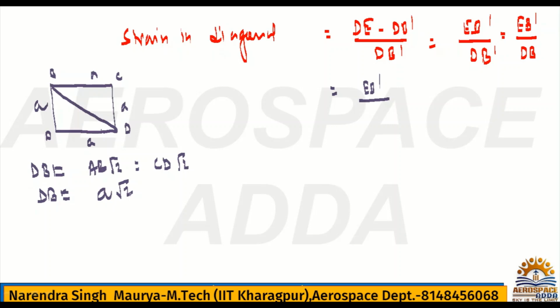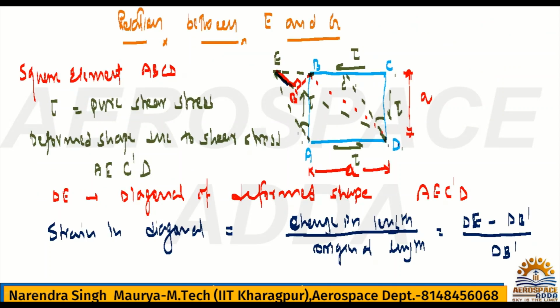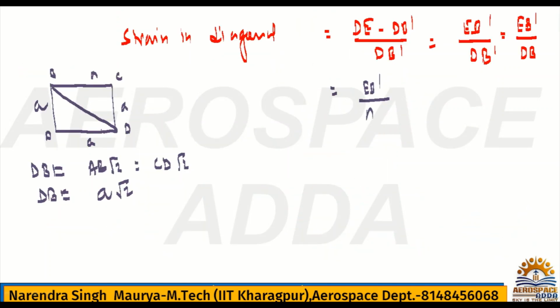The diagonal length is the side of the square into root 2, that you know, very basic. So this DB is AB root 2. AB is one side of the square. This is nothing but the diagonal.